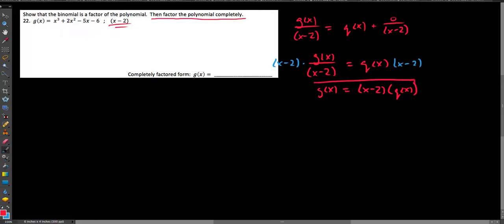This counts as the factored form of the original, and we would have some quotient that's smaller in degree than the original polynomial. Maybe we could factor it on our own, but as long as we know one factor, we could divide it out to find the other factor and use that information to write the original polynomial in factored form and try to factor it more completely.